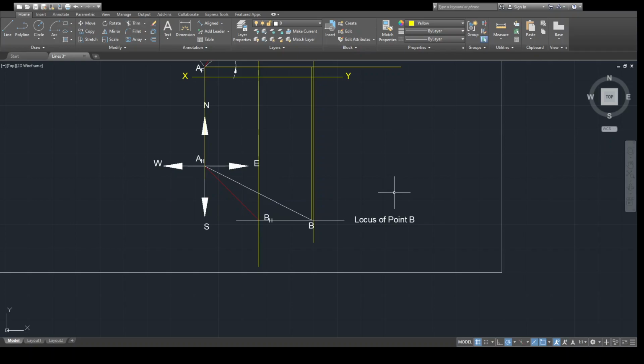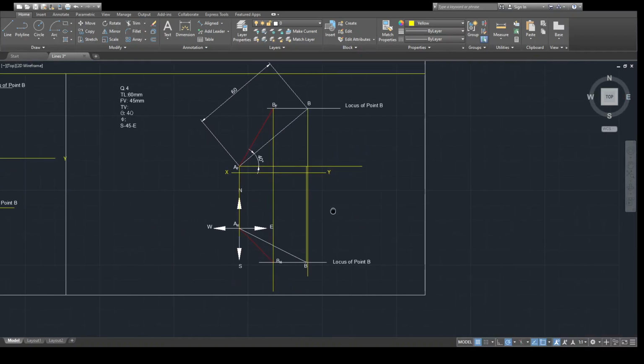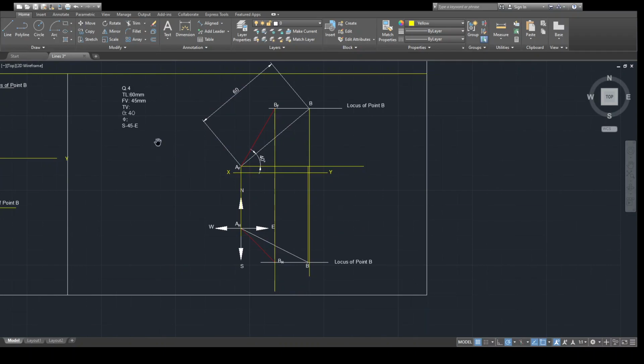So you can measure this angle. This angle is nothing but the angle made by the line with respect to the vertical plane, that is phi, that is the true inclination. So same problem, no doubt, no change from what we have solved previously, but the only difference is that instead of beta we are using the convention bearing S45E, and accordingly we are solving it.